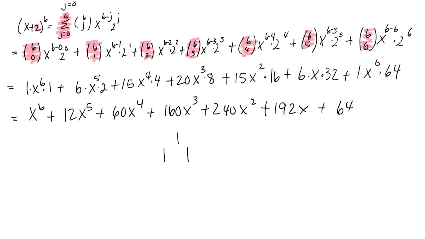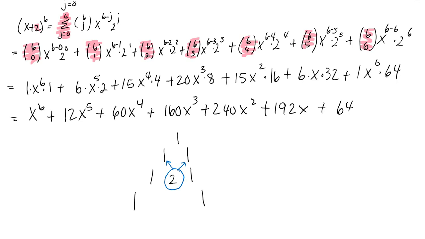On the third row, you're going to have 1s on the edge, and then a number that you put in the middle of those two. And you get that number in the middle by adding the two numbers from the row above. So 1 plus 1 is 2. Then in the next row of Pascal's triangle, you put 1s on the edges again.